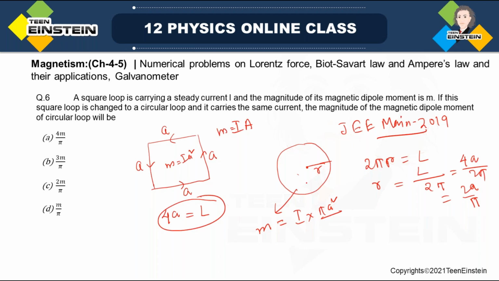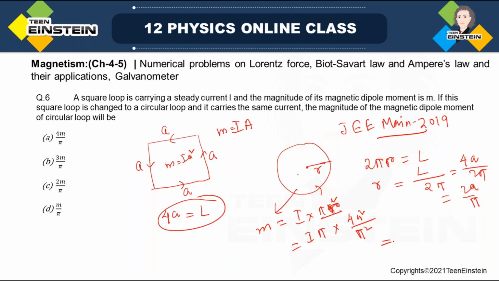Pi r square is the area of this circular loop. I is the current which is passing through the coil. So what is r? r is 2a by pi.